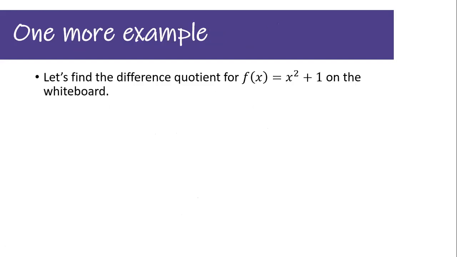Okay, so let's do another example. Let's have f of x equals x squared plus 1. I'm going to open the whiteboard because I think that's going to be our easiest place to do this. So we know that f of x equals x squared plus 1.